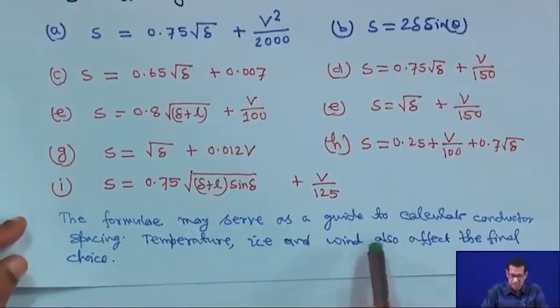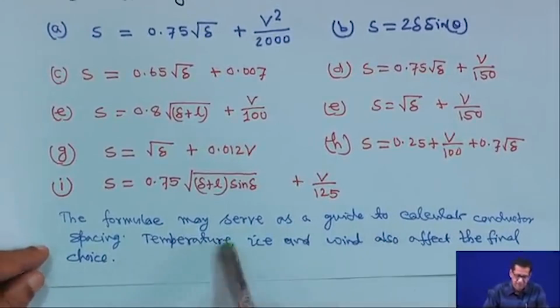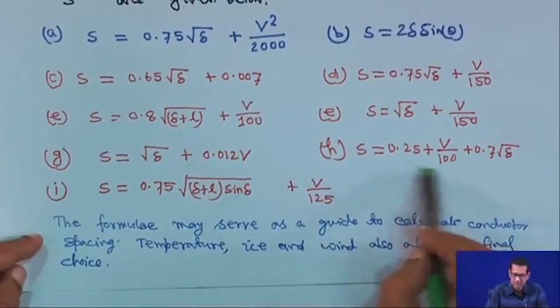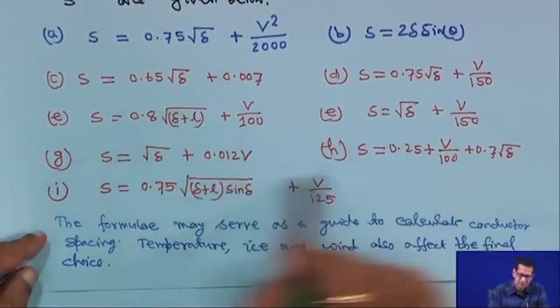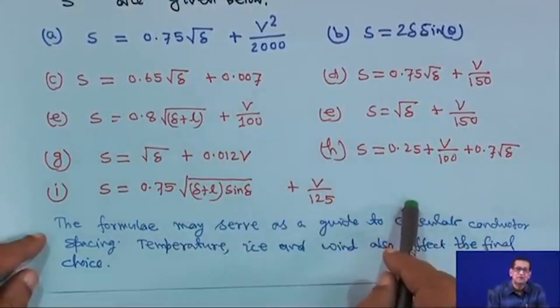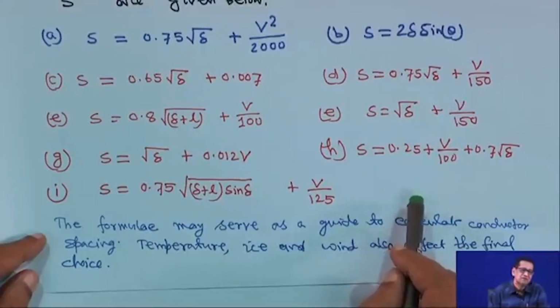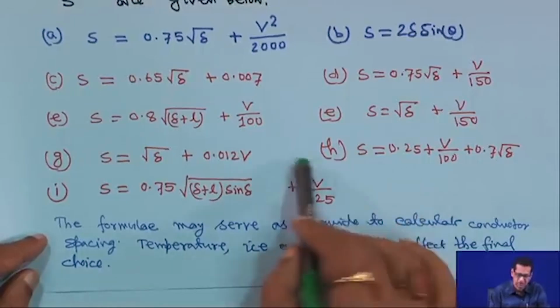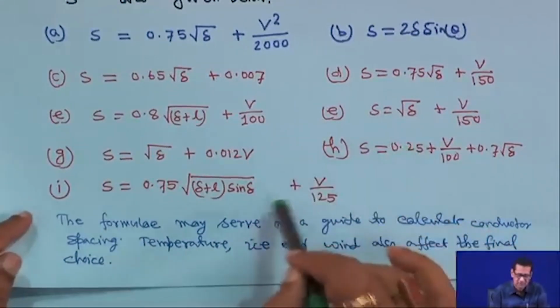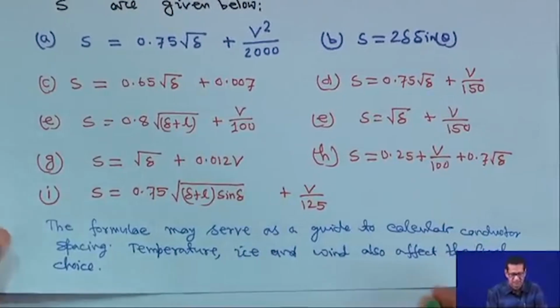So many different empirical formulas are available, but no direct formula or proof, at least I have not got it anywhere. Whatever I have got, these are the certain things.